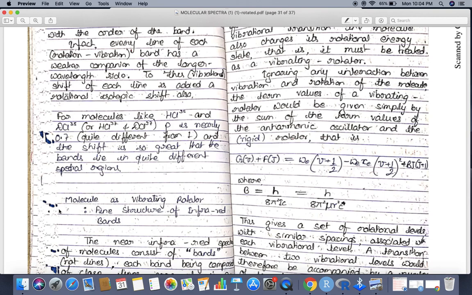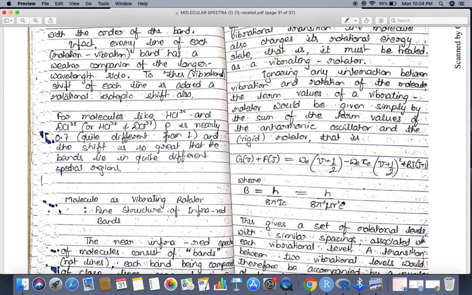We'll consider rotation and vibration all together to study the fine structure of the infrared bands. If you remember, in yesterday's class I said that within a band you have a fine line structure. These lines represent your rotational spectra.